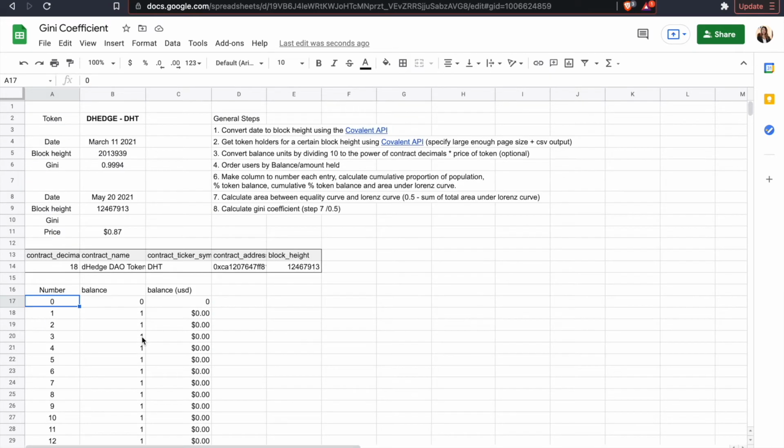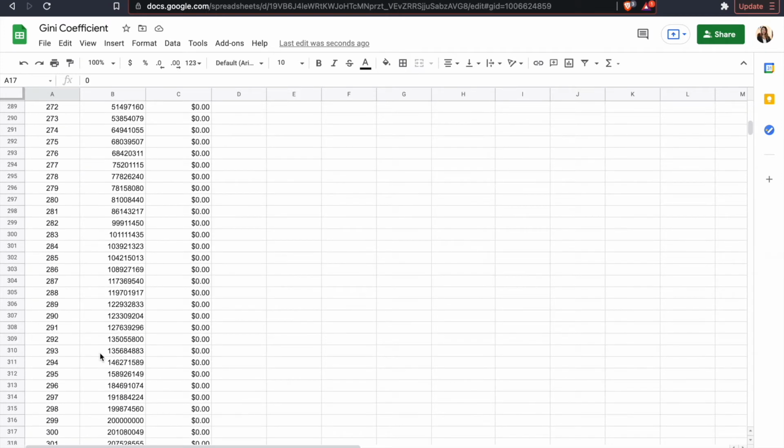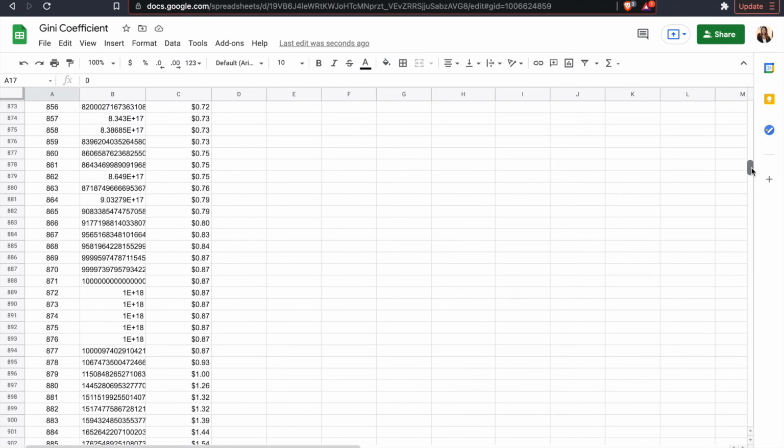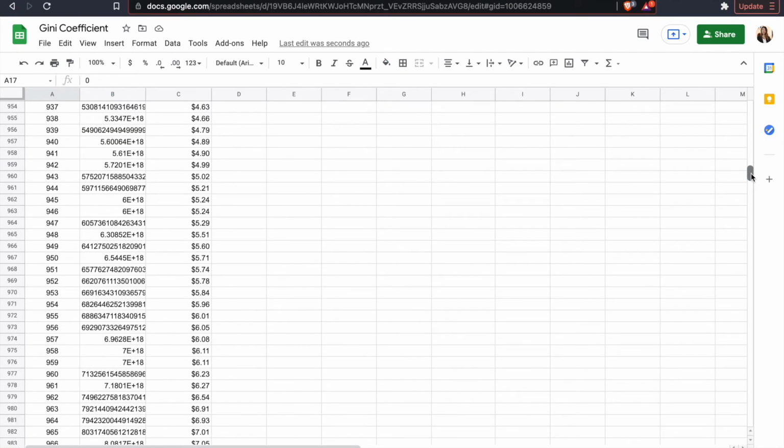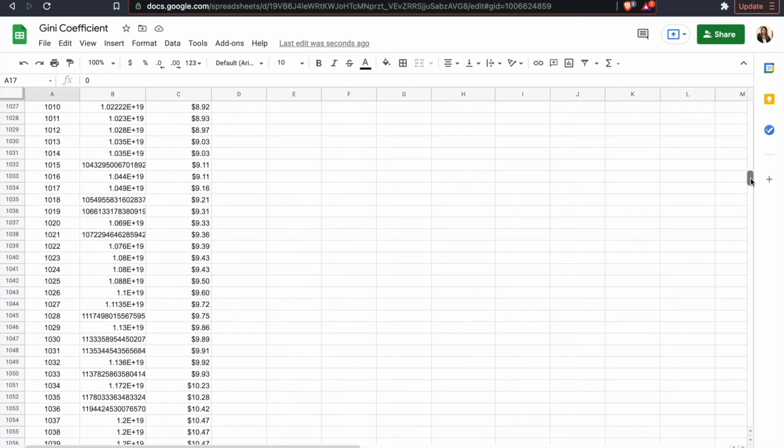Actually, I think in order to make this calculation a bit more accurate, you probably want to remove dust wallets, which are all these wallets here. Otherwise, they kind of cloud your calculations. I didn't do this for the other one, but I think it's important to do it here. Maybe I'll include anything less than $10 as a dust wallet.